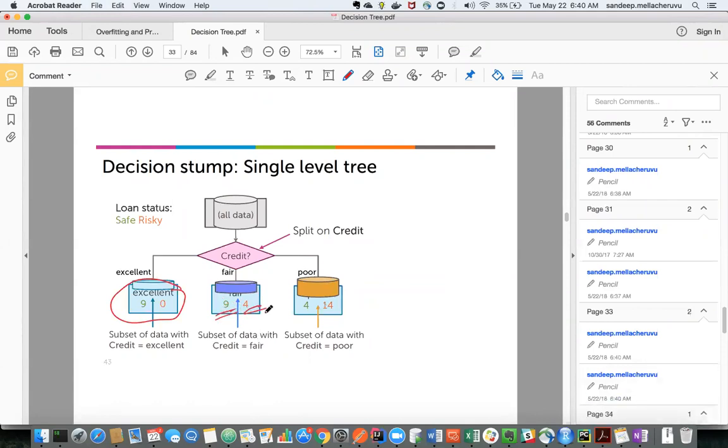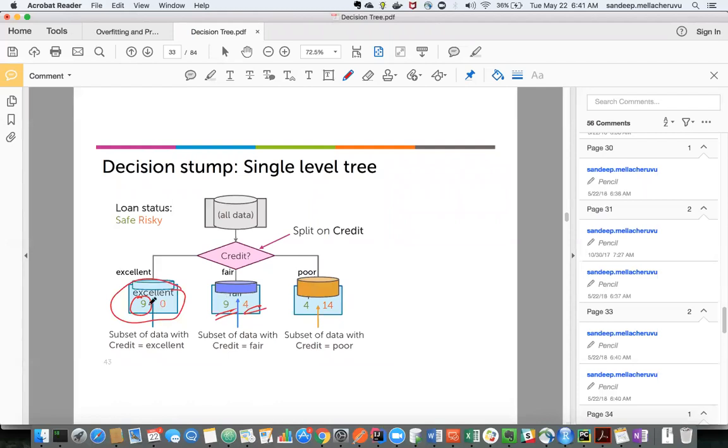None of them are zero. But in this case, I can always predict safe loan and I am always right. So that is the difference between when I predict on an impure node versus pure node. I don't want to do a mistake like this.